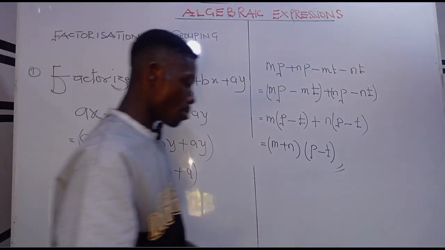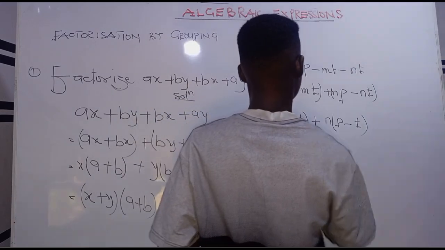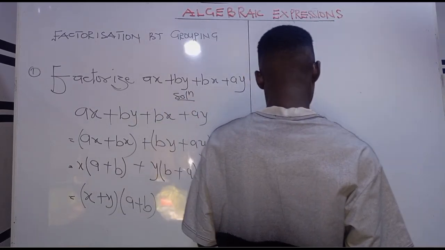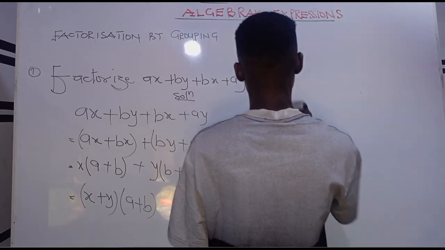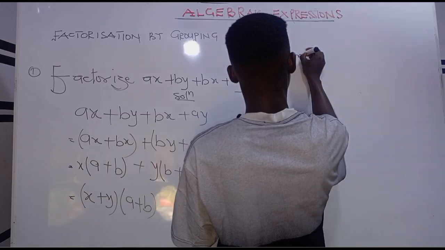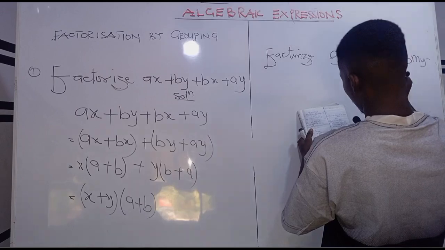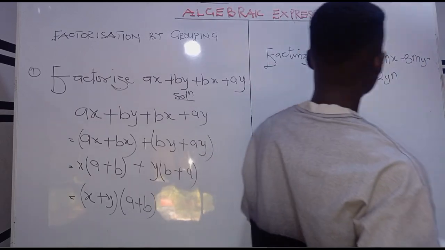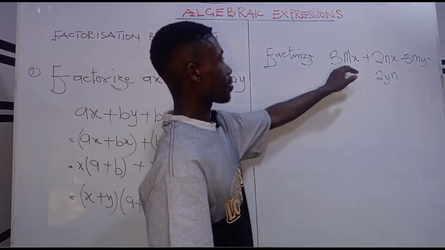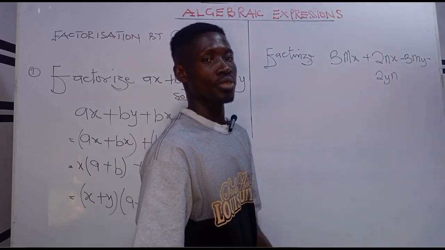Let's take one more example. We have to factorize 3mx plus 2nx minus 3my minus 2ny.